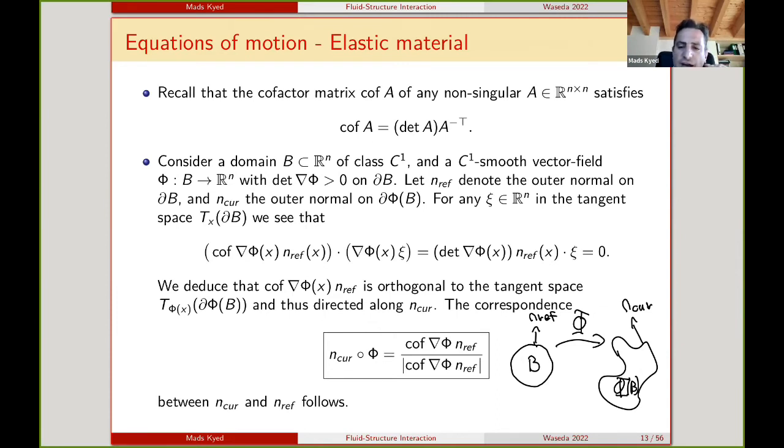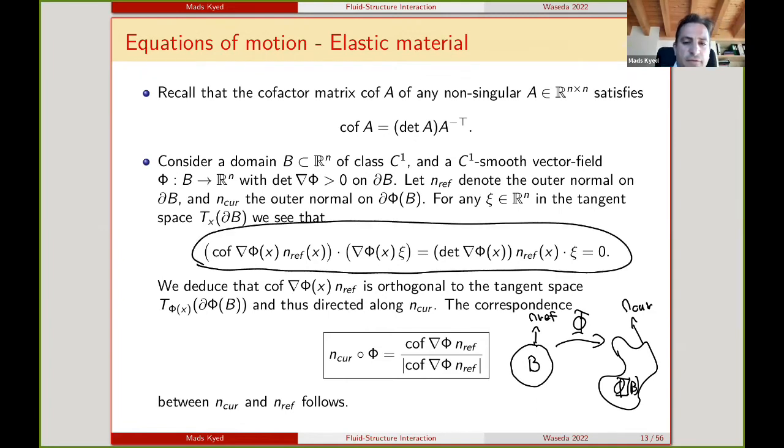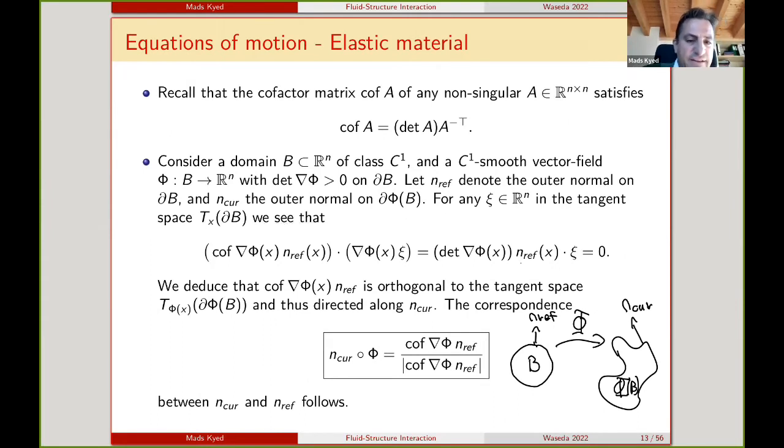Okay, so now the question: how do I compute the current normal from the reference normal? This you see in the formula here. And to understand the formula down here for the relation between the current normal and the reference normal, you just have to look here in the middle. Let's look at the left-hand side here.